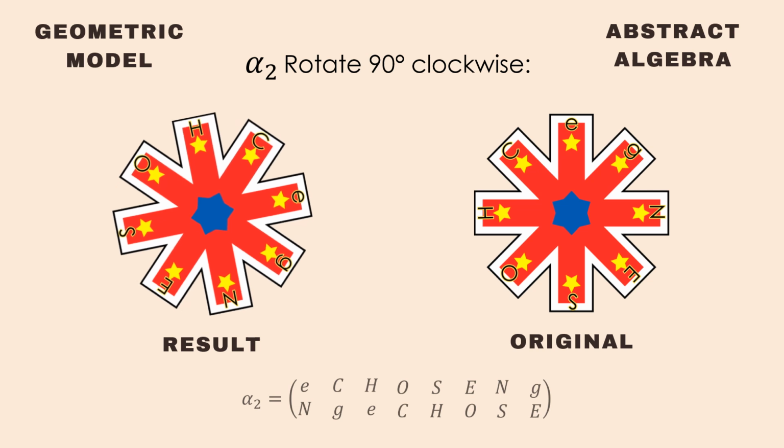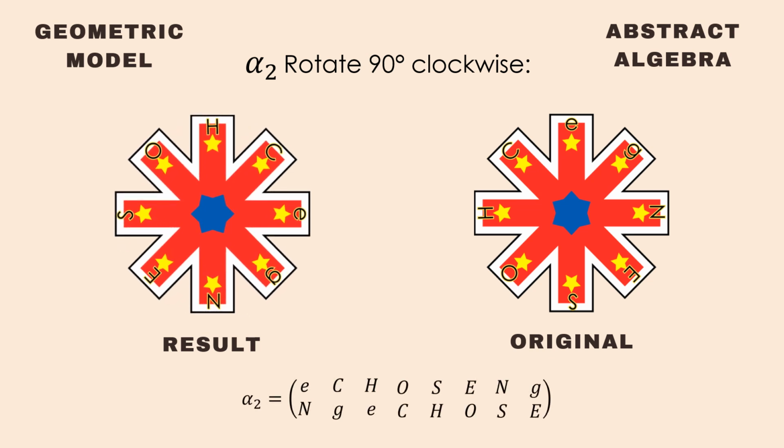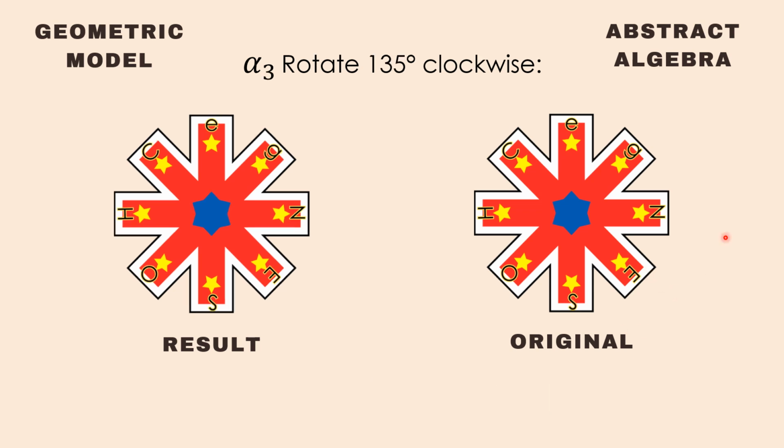Next, alpha sub 2, rotate 90 degrees clockwise. So we have E, N, C, G, H, E, O, C, S, H, E, O, N, S, G, E. Next, we have alpha sub 3, rotate 135 degrees clockwise.